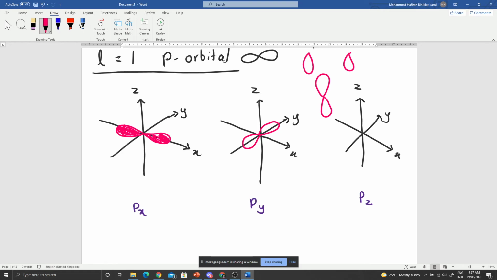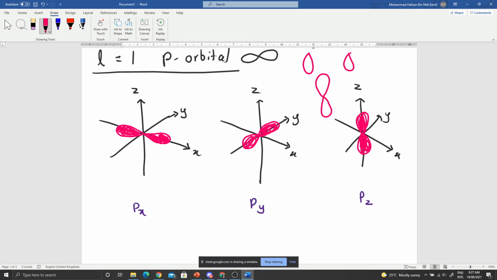So untuk pz, dekat z axis. Alright, so that's why I suruh you buat axis using pens, and untuk orbital you draw it using pencils. So sometimes biasalah, kadang kita buat tirus ni tersengit, kita tak suka, kita nak betulkan, kita boleh padam.